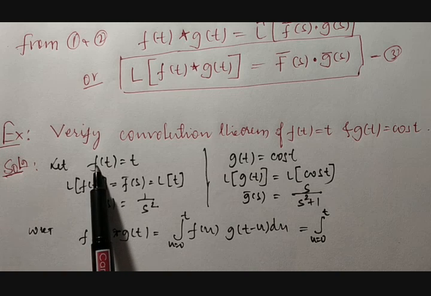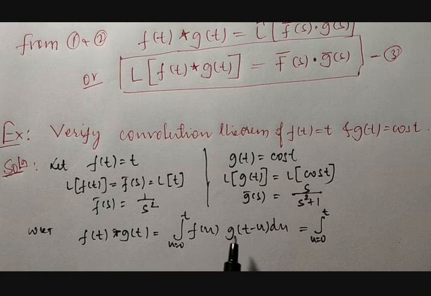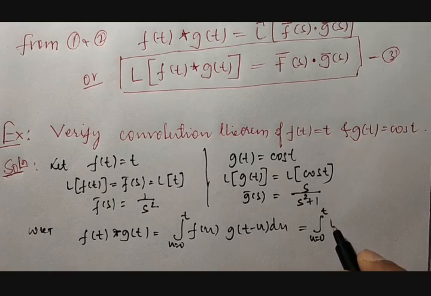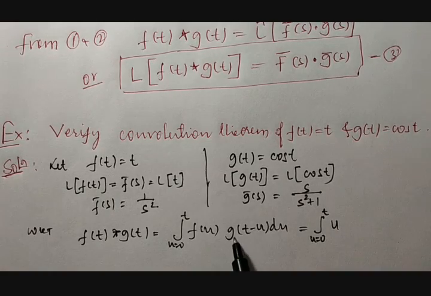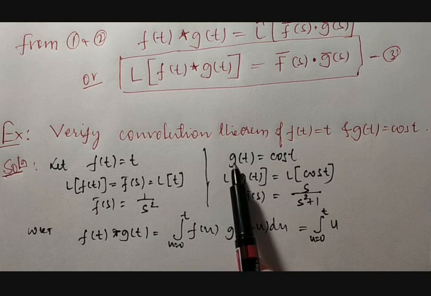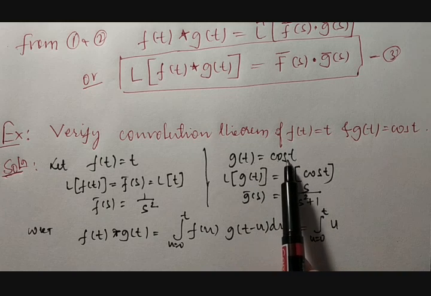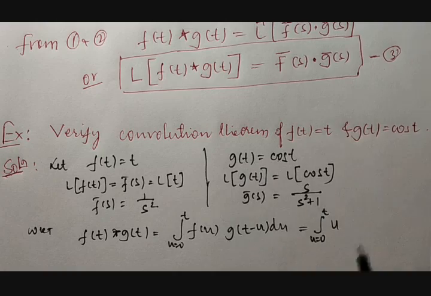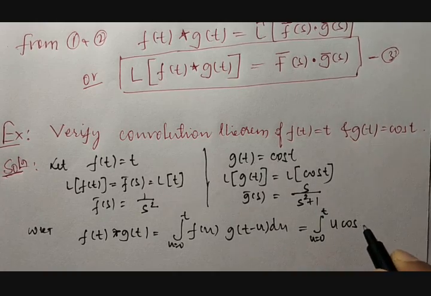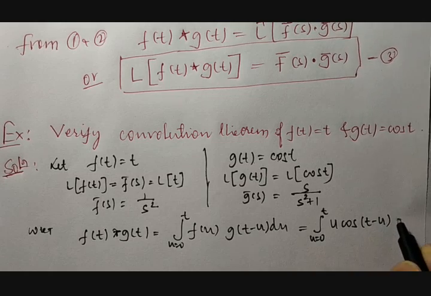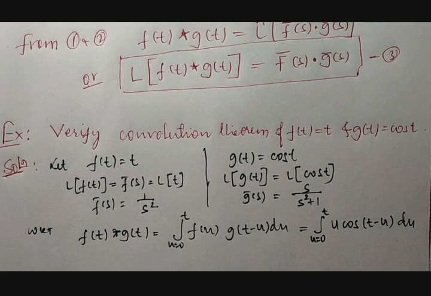You can see here we have f of t is equal to t, then what will be f of u? u. Next, g of t minus u. What is g of t? g of t is cos t. Then what will be g of t minus u? That will be cos of t minus u with respect to u.